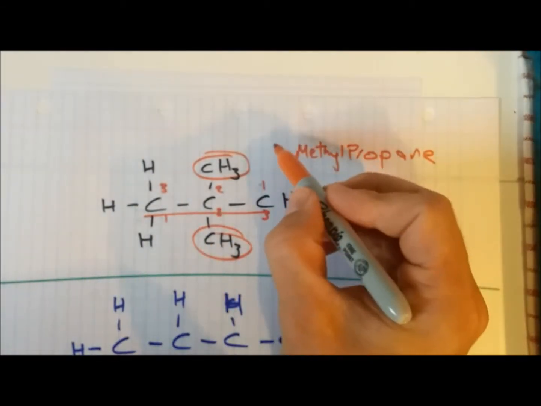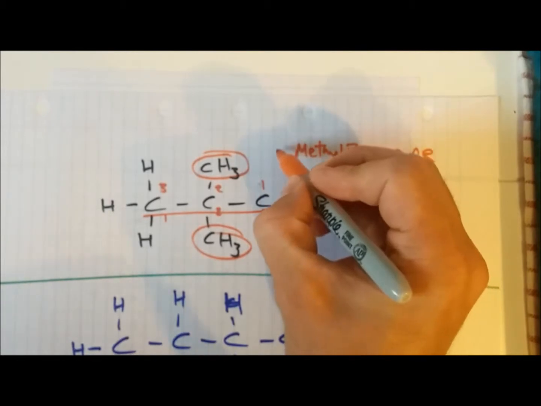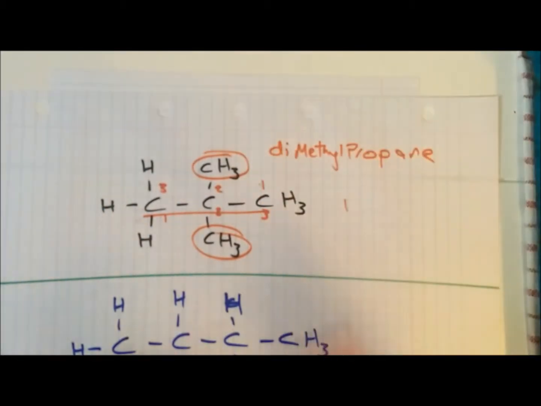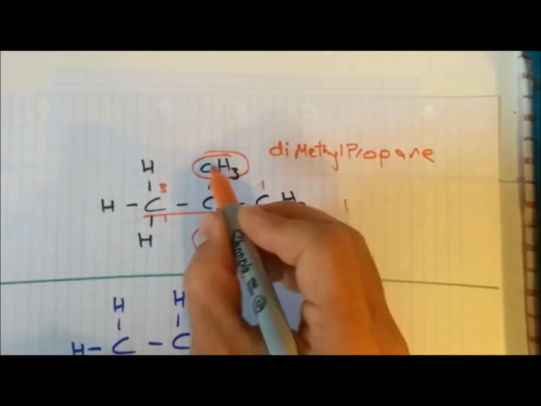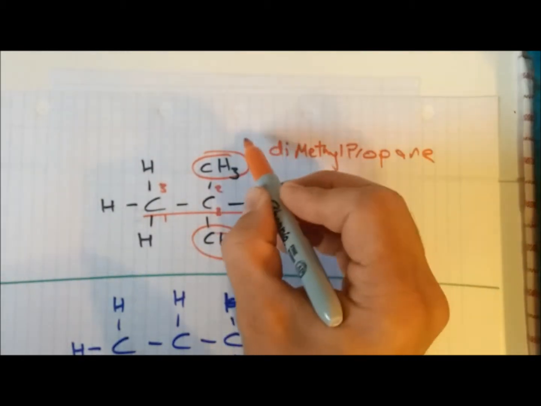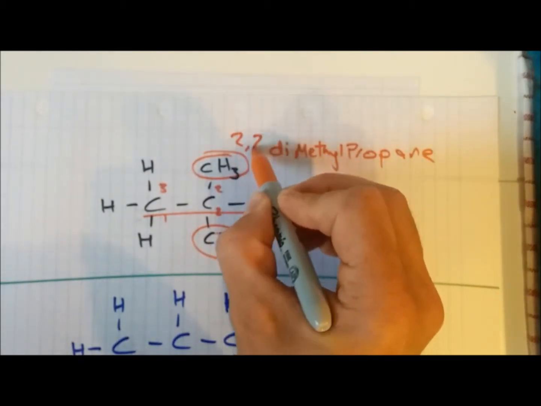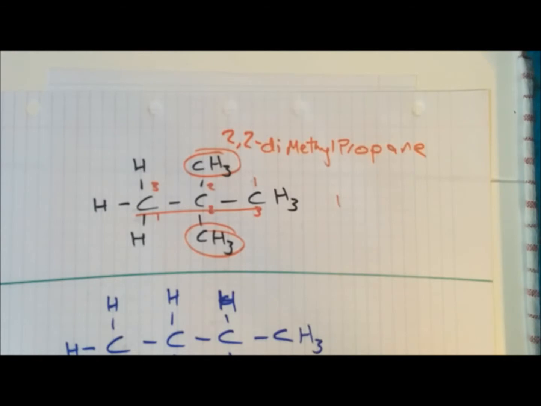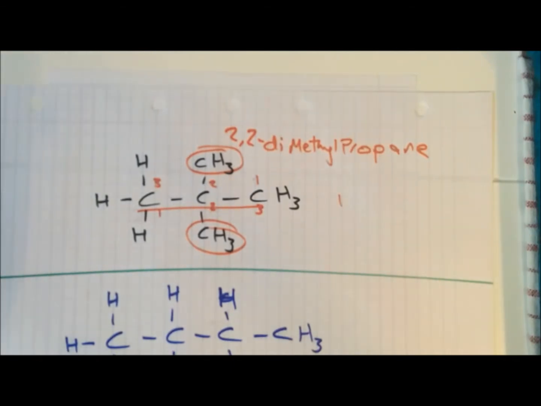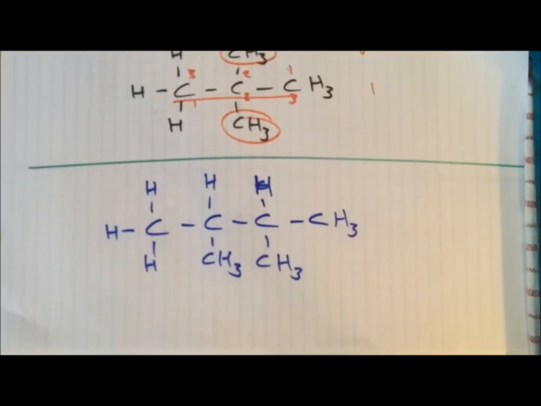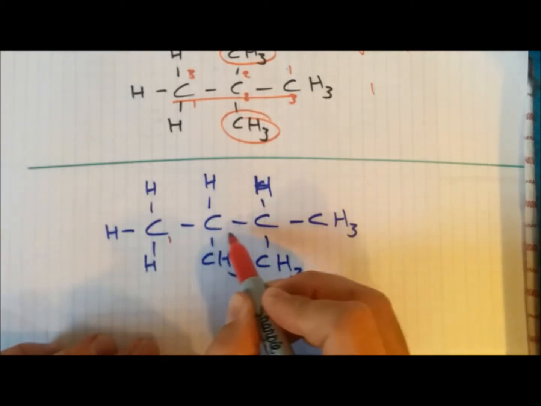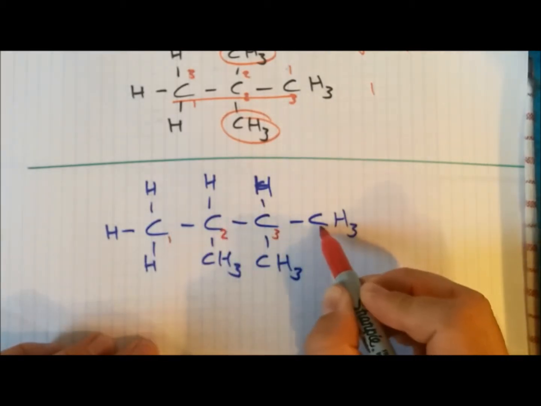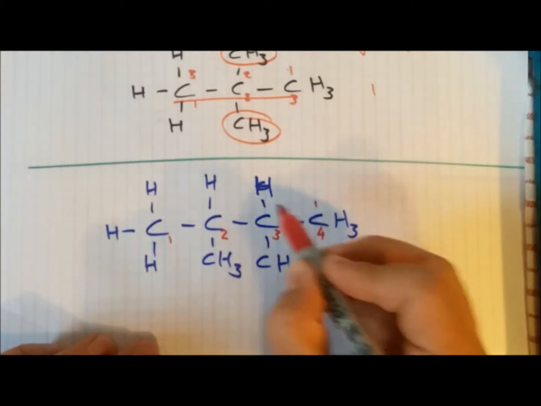We've got 2 of them, so we add the prefix di, and because they're both on the second carbon, we have 2,2-dimethylpropane.